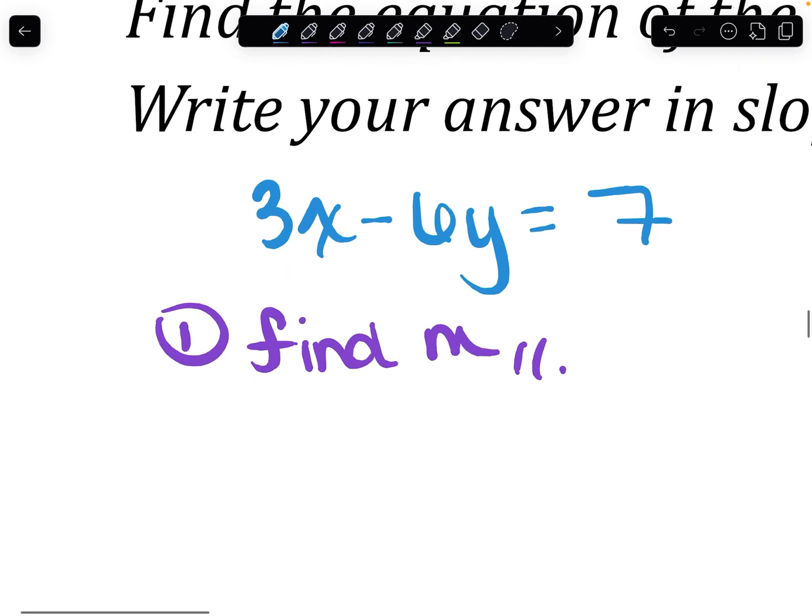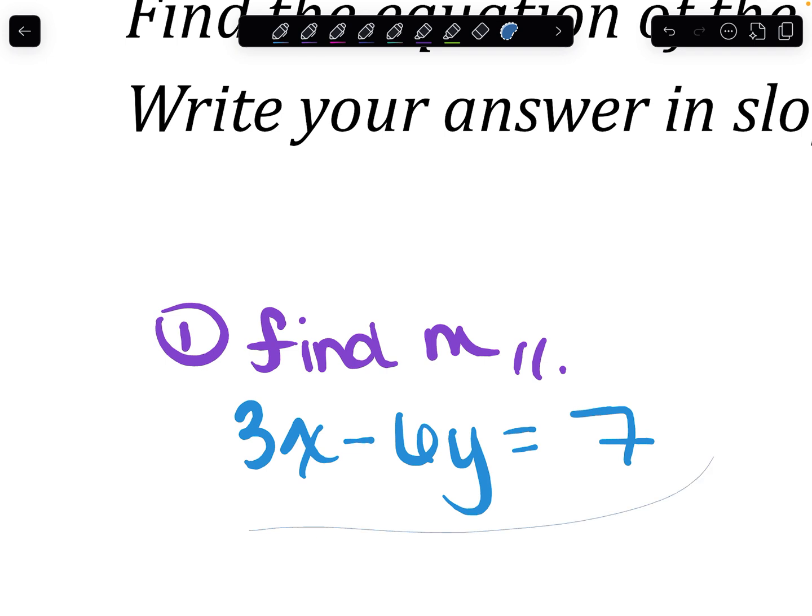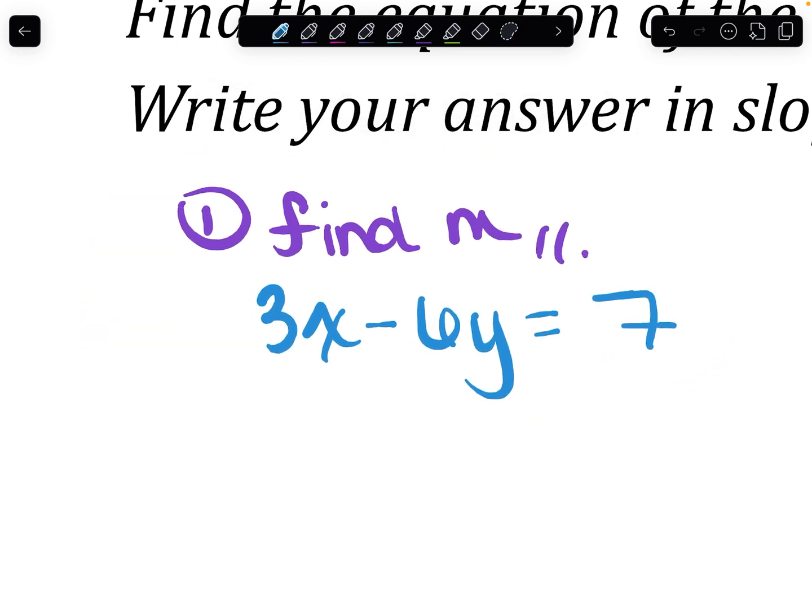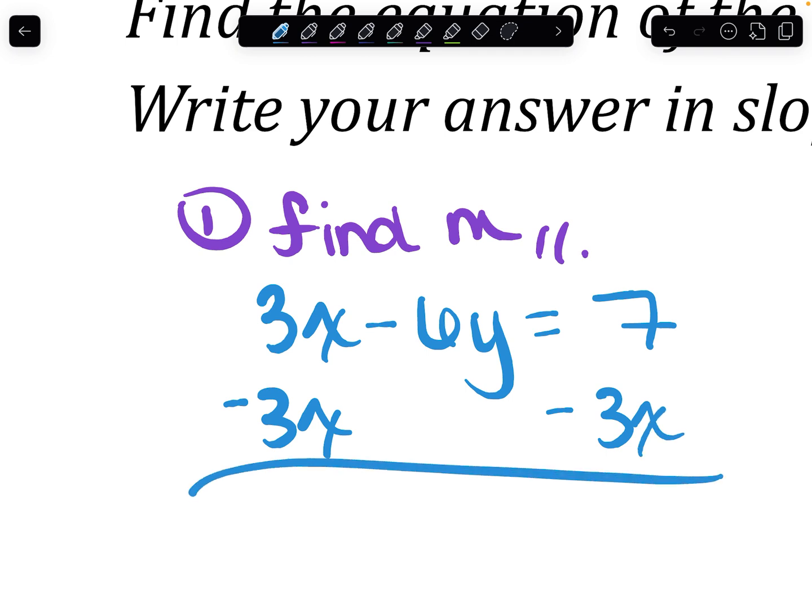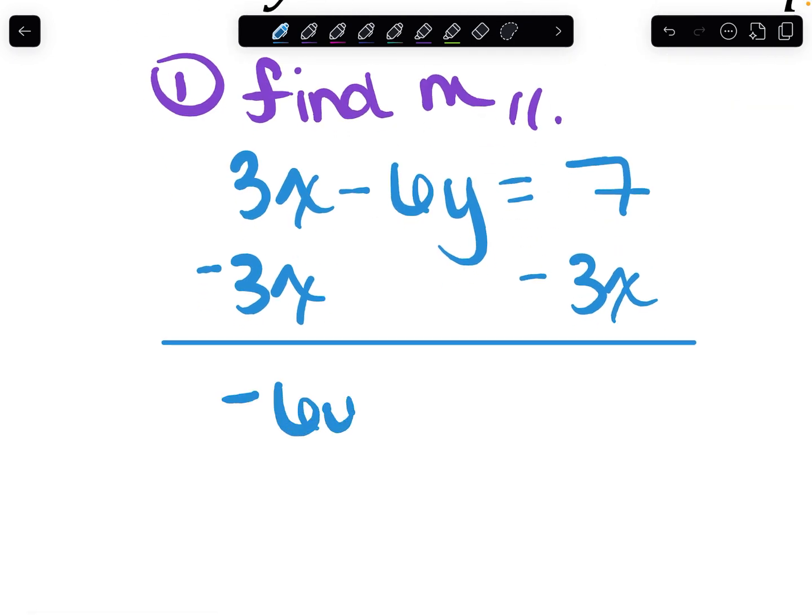All right, so slope-intercept form. Subtract your 3x. So we have negative 6y equals negative 3x plus 7.